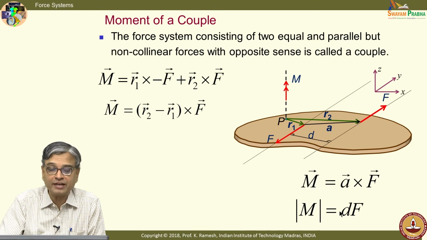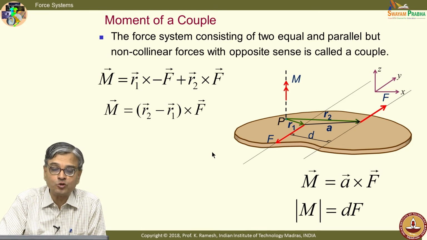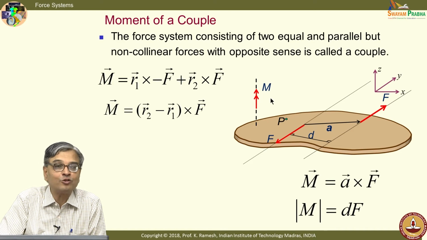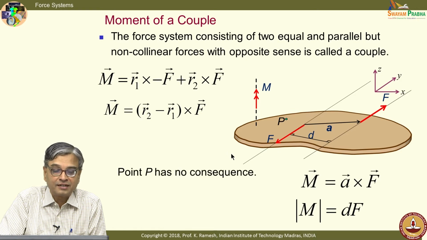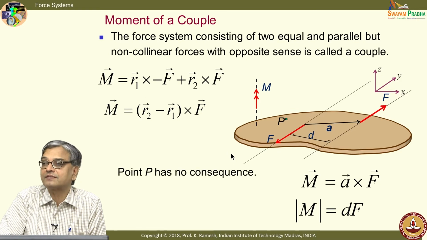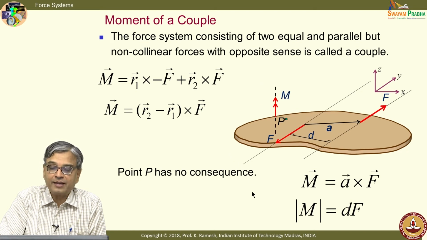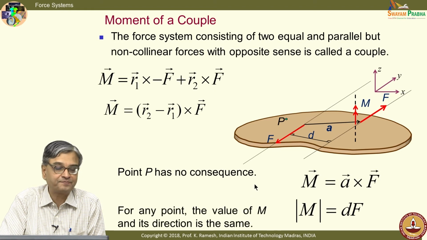It's very peculiar, and people always get confused between a moment and a couple. Suppose I shift it to another point, there again the same value holds good, there again it is anti-clockwise. The point P has no consequence. So, wherever I move the point, I have the same value.